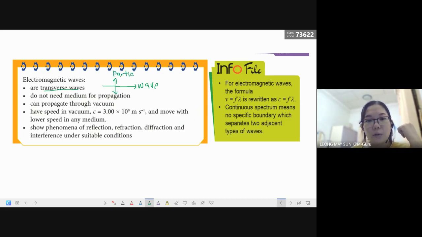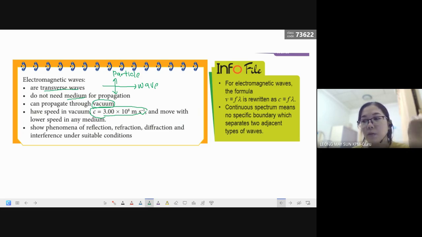Electromagnetic waves do not need a medium, which means they can propagate through vacuum. So they travel at the speed in vacuum, which is 3 times 10 to the power of 8 meters per second, which also corresponds to the speed of light. They move with lower speeds in any medium.